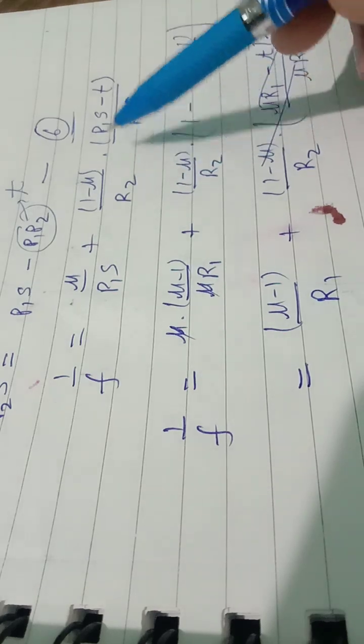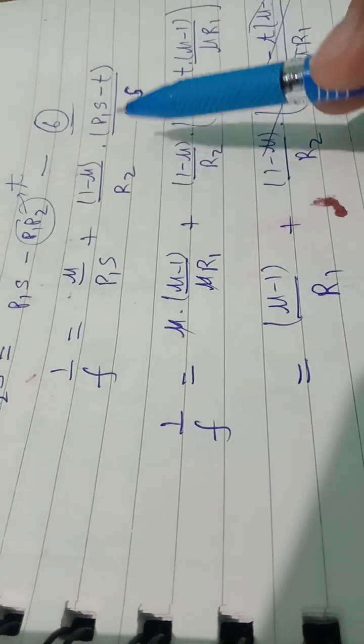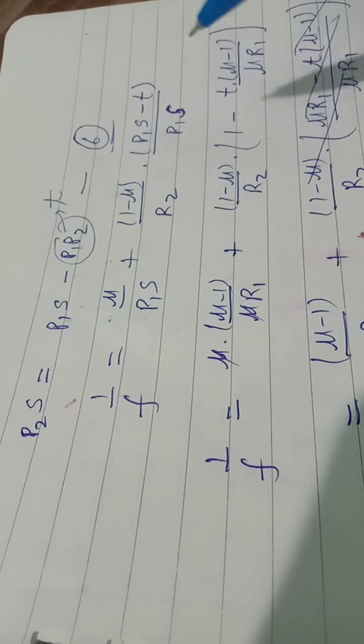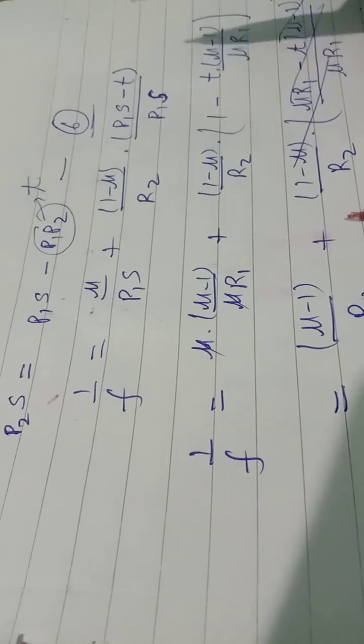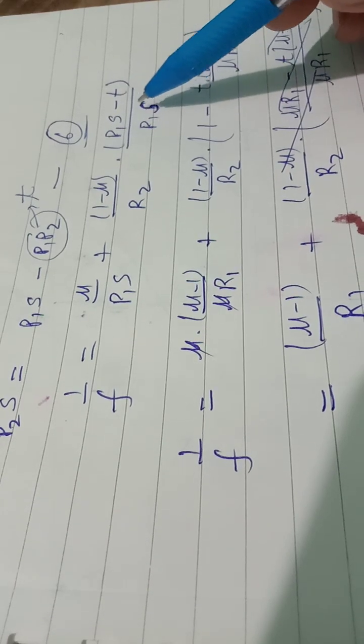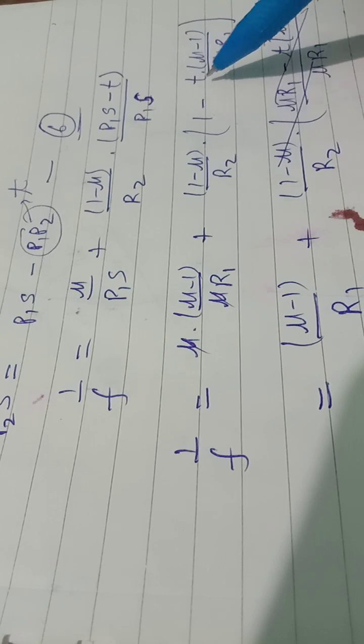I just solve this equation, and just rearranging the equations, I take P1S divided by this and minus T upon P1S, 1 minus T by P1S.